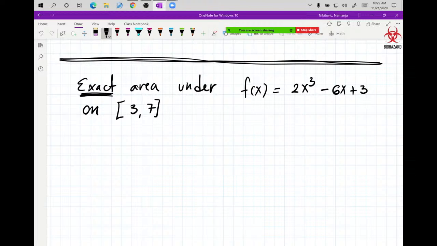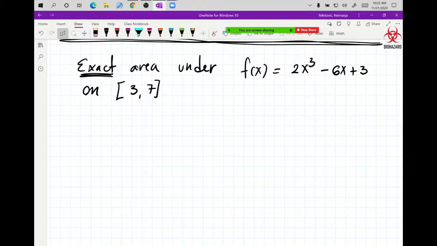Okay, so delta x is equal to 7 minus 3 over n. It's again 4. How about we change this to 2, so it's not 4 every problem. So 7 minus 2 is 5 over n. Okay, there we go, 5 over n.